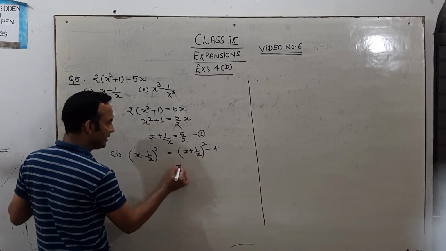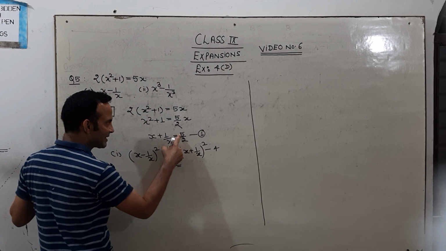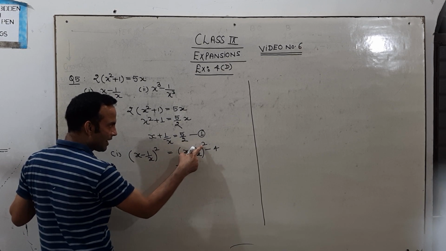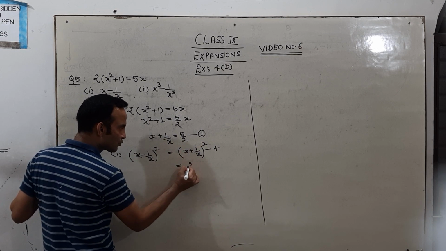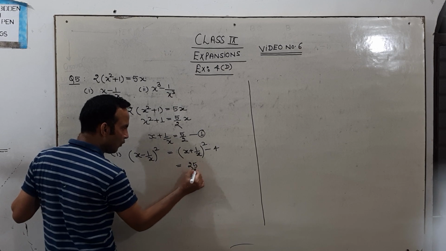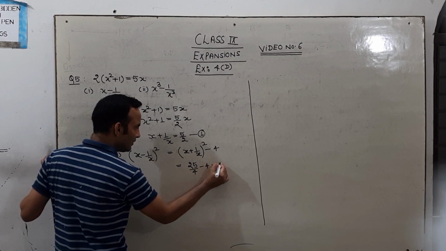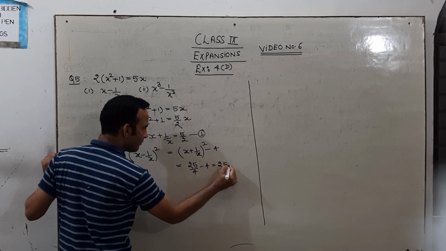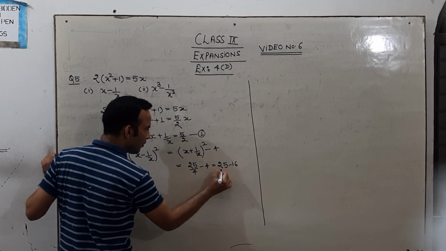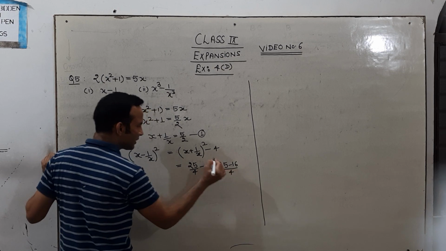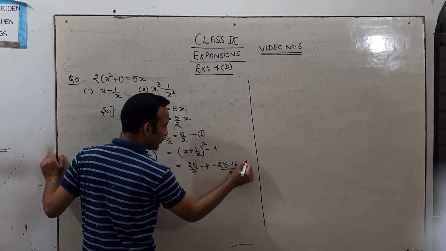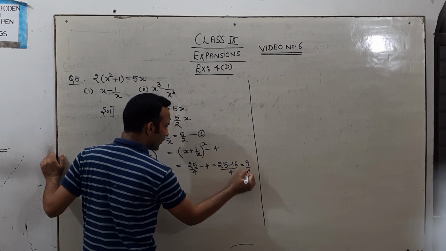Now you can see the value of x plus 1 upon x is 5 upon 2. The square of 5 upon 2 is 25 upon 4 minus 4, which can be written as 25 minus 16 upon 4 is equal to 9 upon 4.